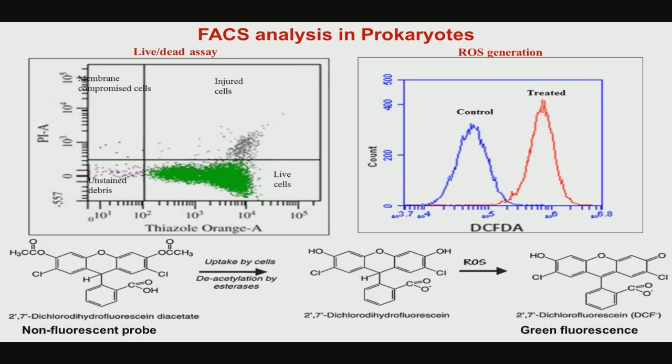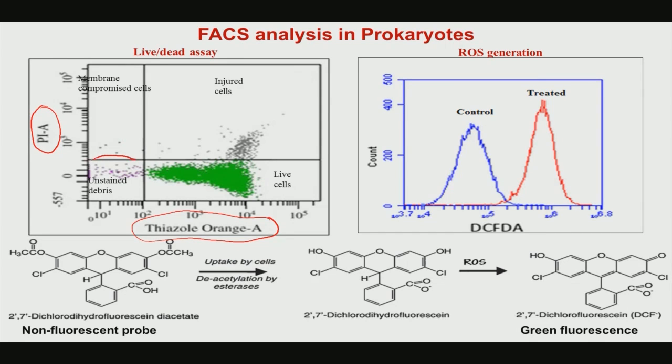In this fluorescence activated cell sorter analysis, what has been shown here is the live dead assay, where you use propidium iodide, and in the case of bacteria you use a different reagent called thiazole orange. The use of these two reagents will essentially stain the cells differently.